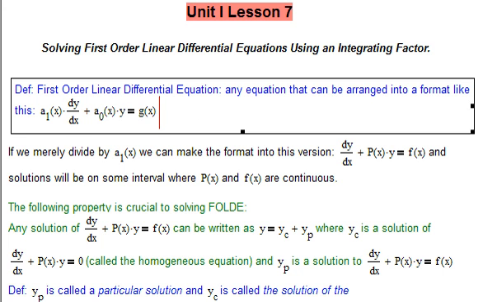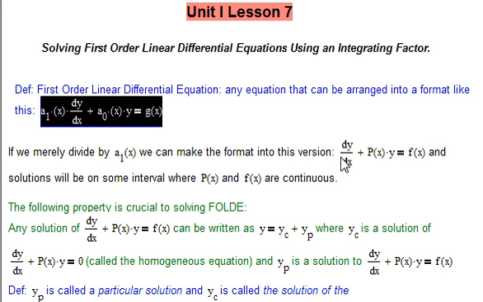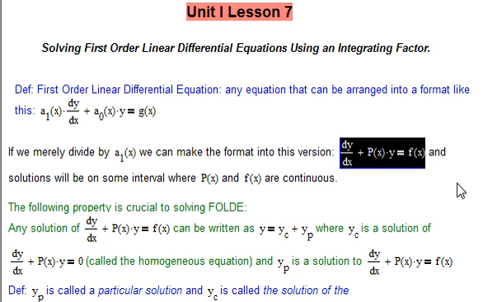But what we're actually going to do is divide both sides by this a1 of x, and so then we'd have dy/dx plus a0(x) over a1(x), and I'm calling that p(x), times y equals g(x) over a1(x), and I'm calling that f(x). So any that can be written like this, and then we can simplify to this.